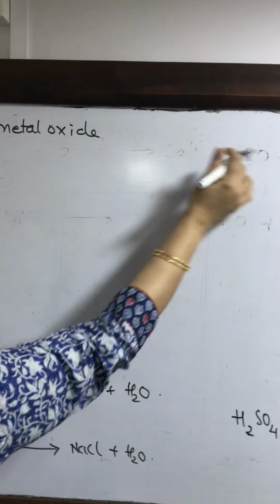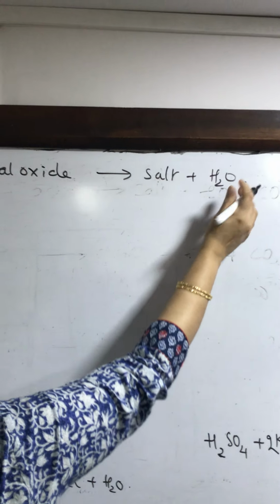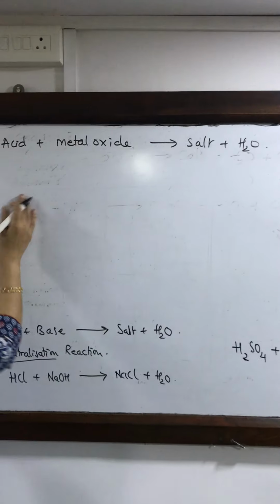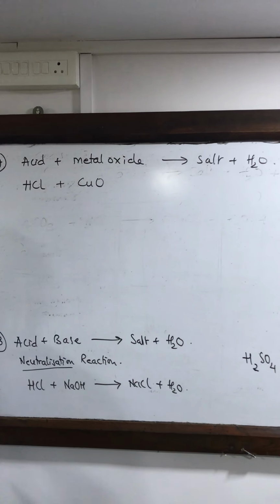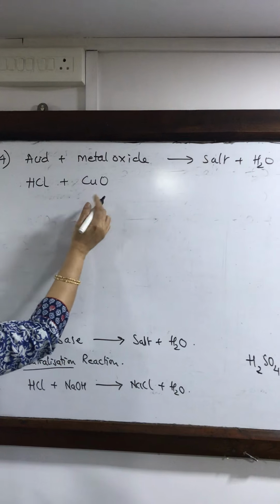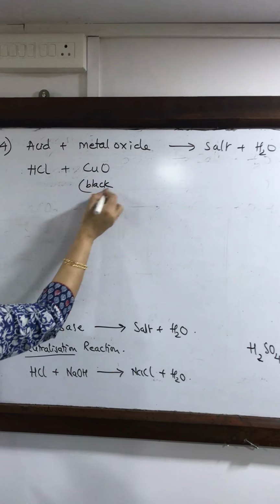This will again react to form salt and water. To take an example, let us take hydrochloric acid and react it with copper oxide. Copper oxide is black in color.